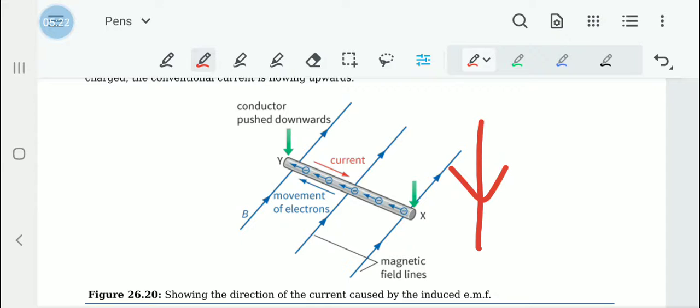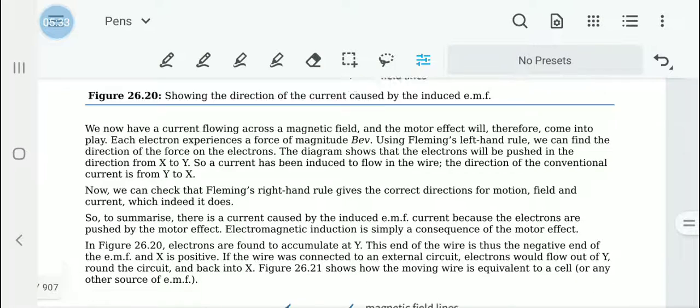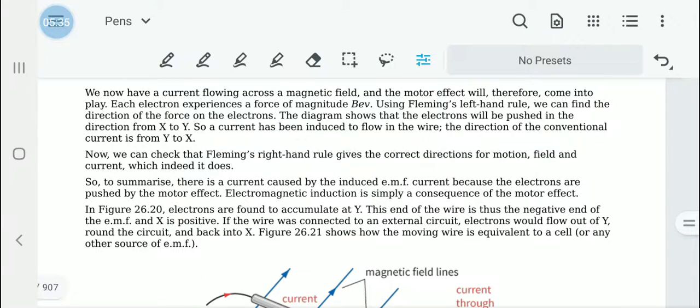The motor effect results in the electrons being pushed in this direction. I hope that makes sense to you. So the electrons are being pushed from X to Y.